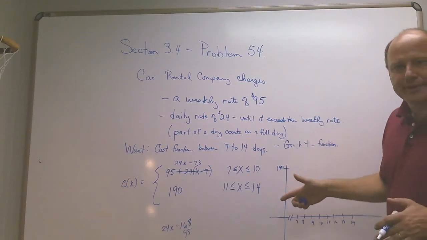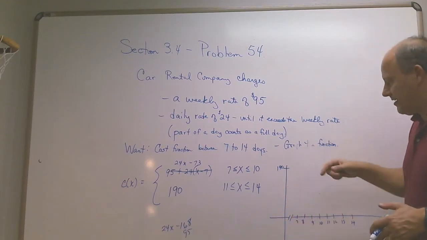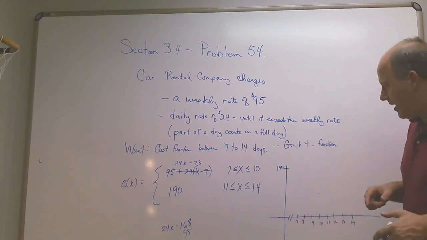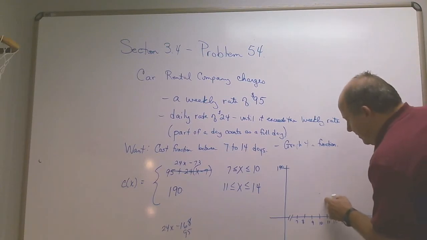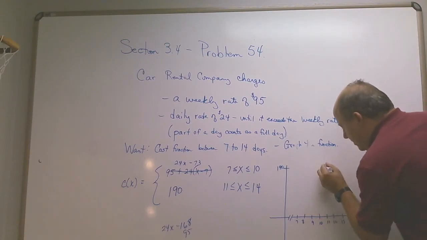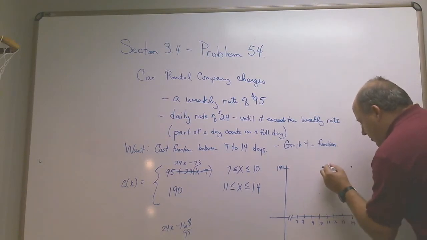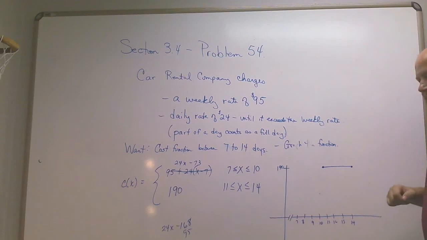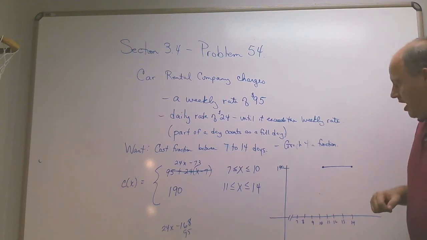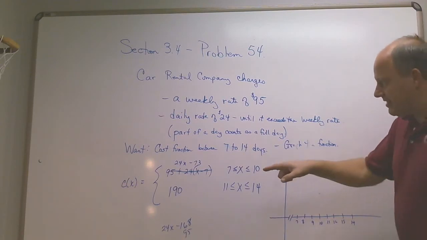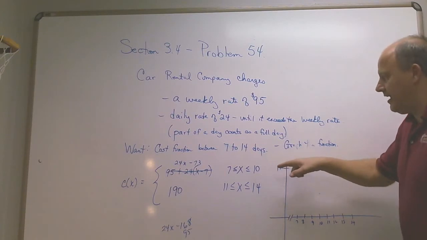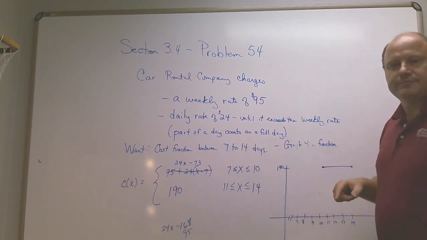It's got to be somewhere up there, and I'm going to scale it any way I want to scale it. So from the 11th day it's going to be 190 to the 14th day. So it's a flat charge after that. And then from the 7th day to the 10th day, it's going to be this.